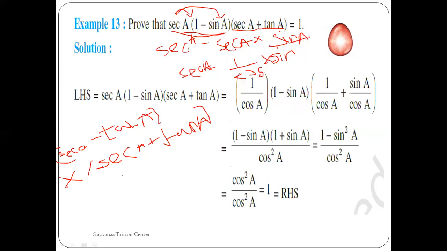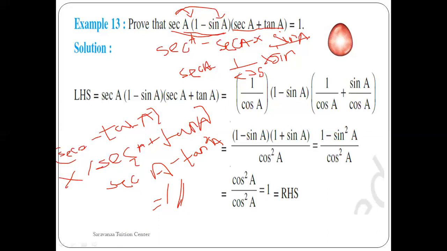That is secant square A minus tan square A. Okay, so the second identity is secant square A minus tan square A equals 1. Hence we proved.